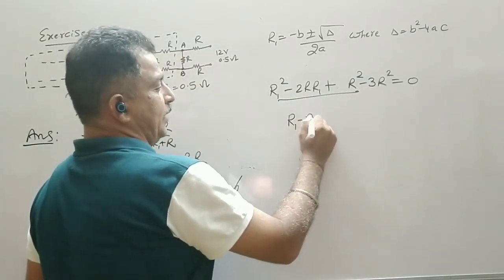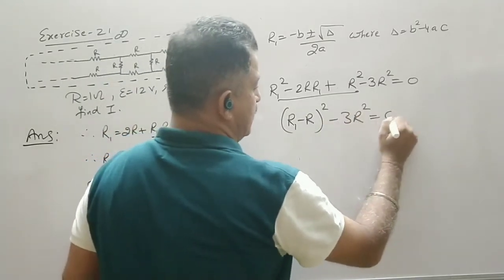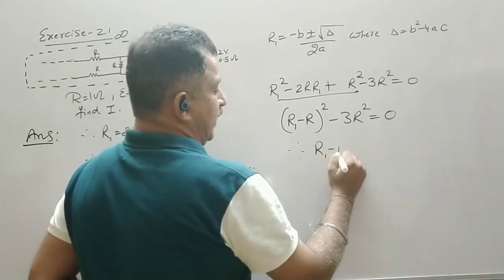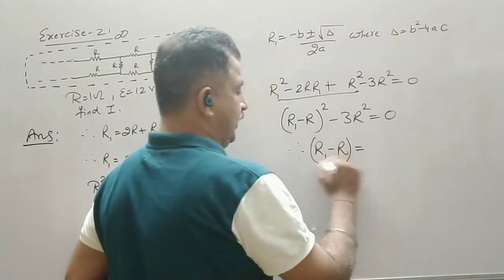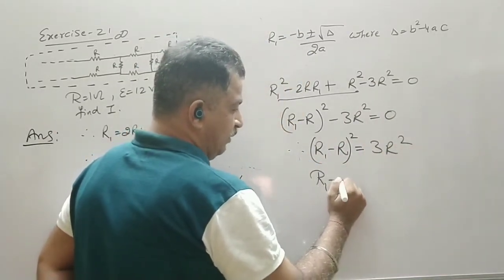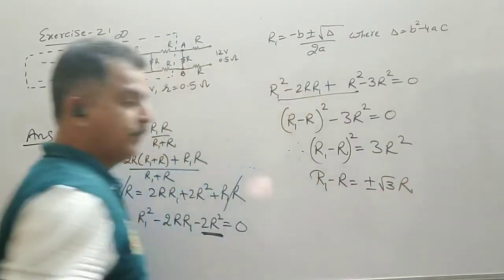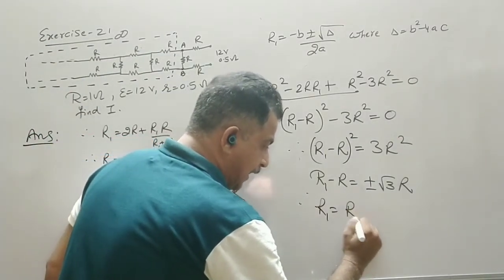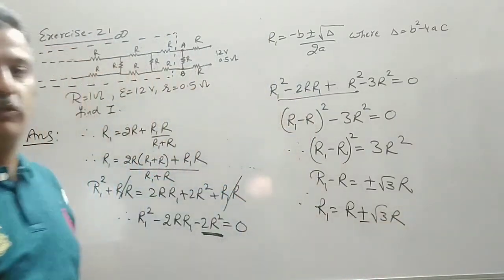So R1 minus R whole square minus 3R square is equal to 0, and therefore R1 minus R is equal to, I take this to that side, 3R square, or R1 minus R is equal to plus minus root 3R, and therefore R1 can be written as R plus minus root 3R. So this is my R equivalent.